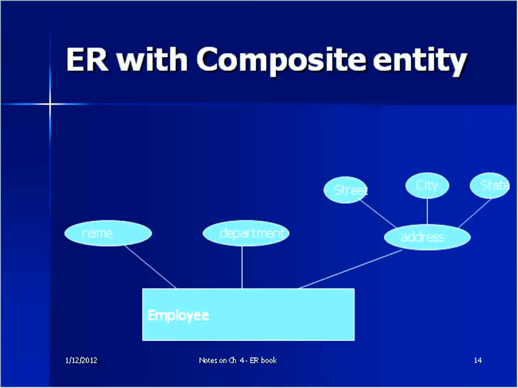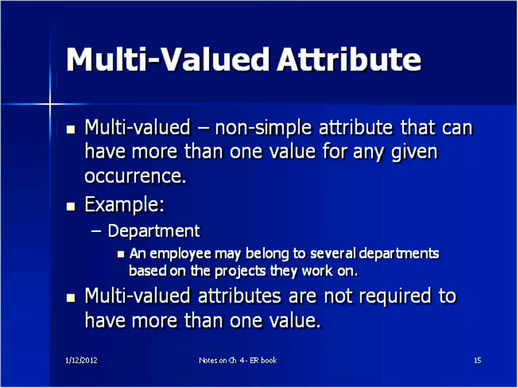So we have the ovals linking into another oval, address. So we have the oval street linking into the address oval, and that is a composite attribute. An address links into employee. So address is a composite attribute. Street, city, and state, however, are atomic parts of the composite attribute.